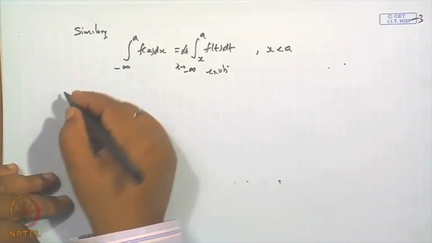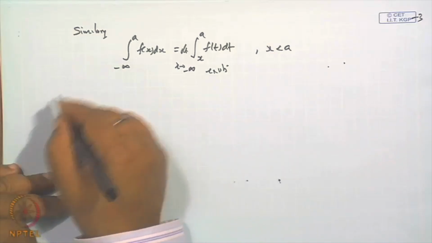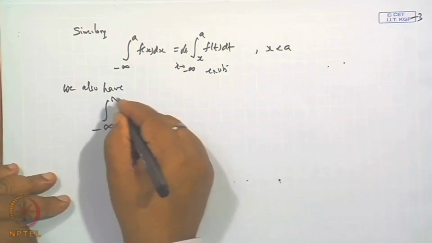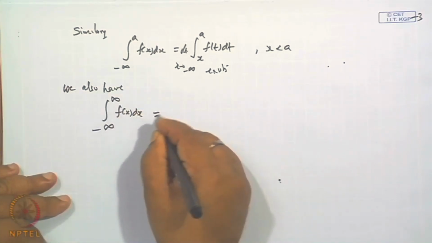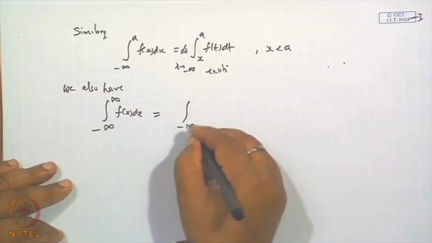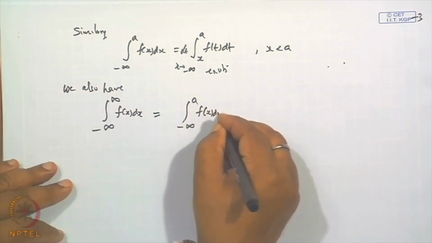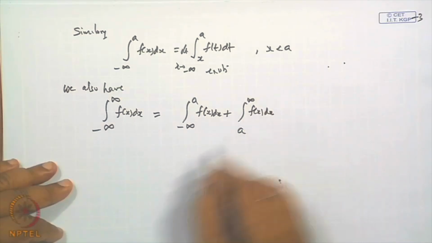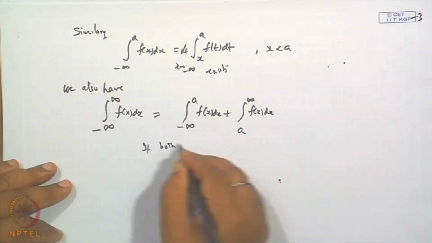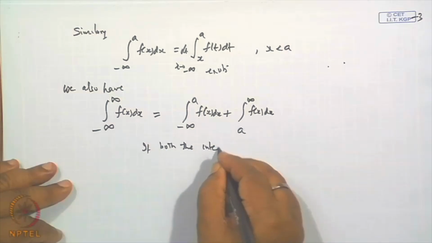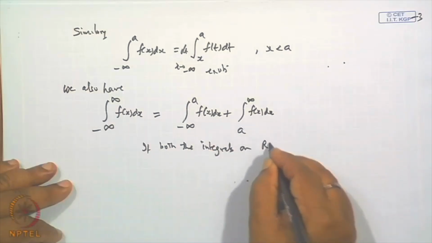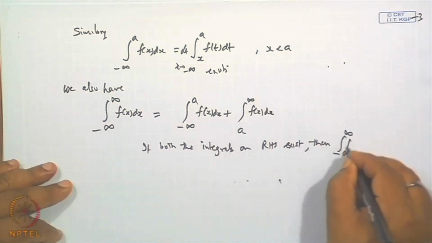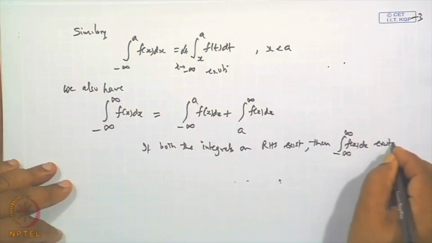The third case: we also have the integral from minus infinity to infinity of f(x) dx, and it is defined as the integral from minus infinity to a of f(x) dx plus the integral from a to infinity of f(x) dx. If both the integrals on the right hand side exist, then the integral from minus infinity to infinity of f(x) dx will exist.